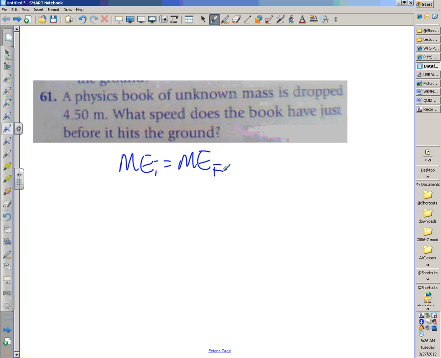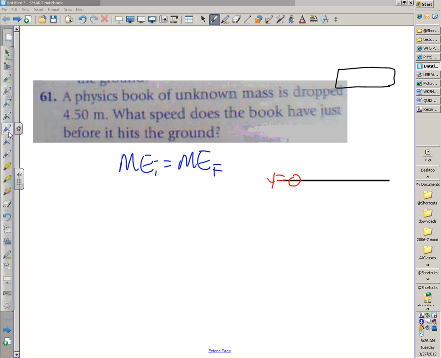Is there potential energy? Probably, if we call the ground our reference point. If we go, this is our picture here, the book. If we call this our reference point, which makes the most sense in this problem, then there will be no kinetic energy at the beginning of this problem, but there will be gravitational potential energy.